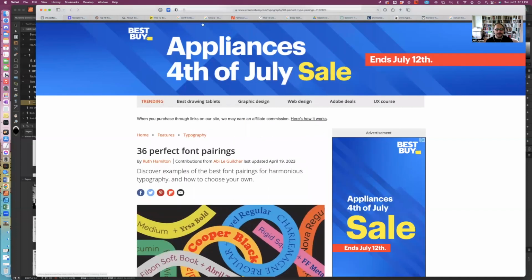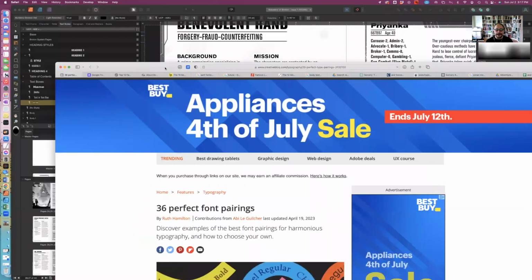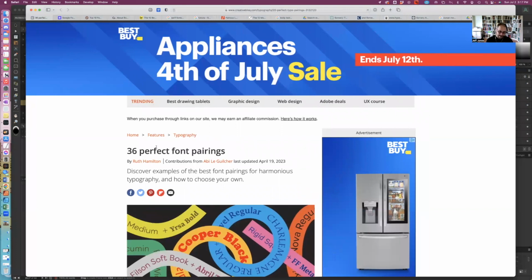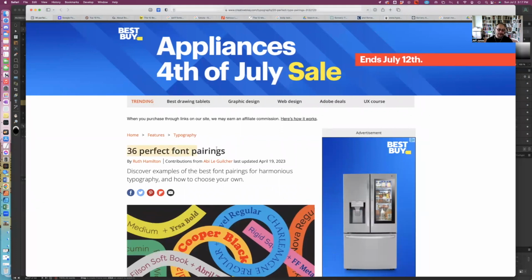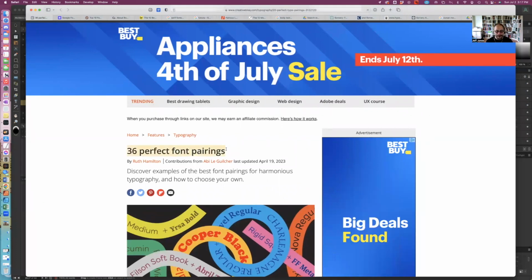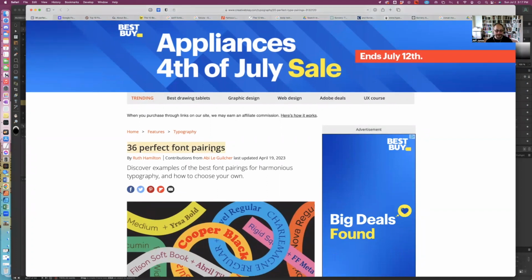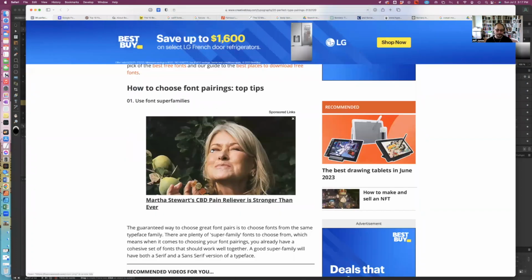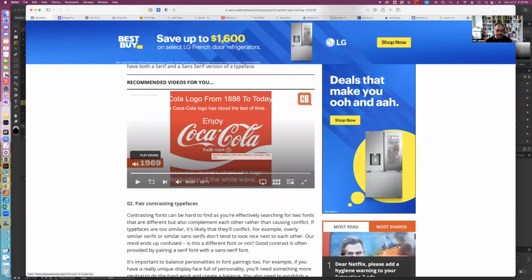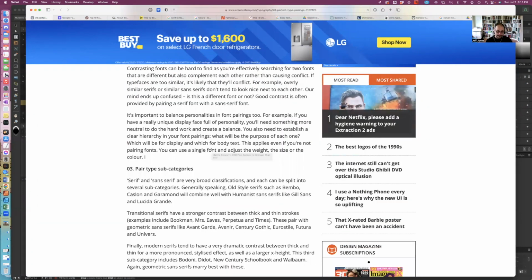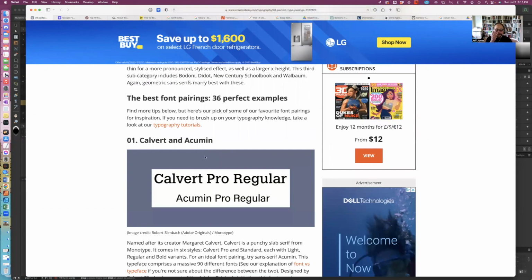So this is one site, Creative Block. They give 36 perfect font pairings. If you go through these, they give both the typeface and the font used.